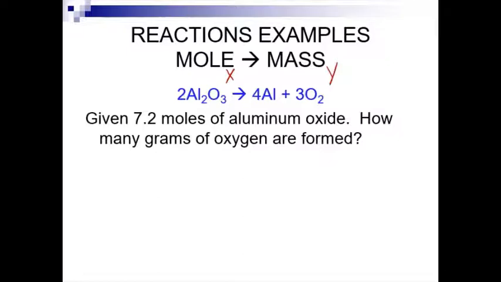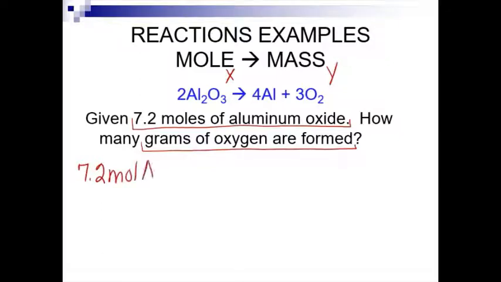So first, 7.2 moles of aluminum oxide. That's given. How many grams of oxygen are formed? That's what we're looking for. So let's start. 7.2 moles of aluminum oxide.